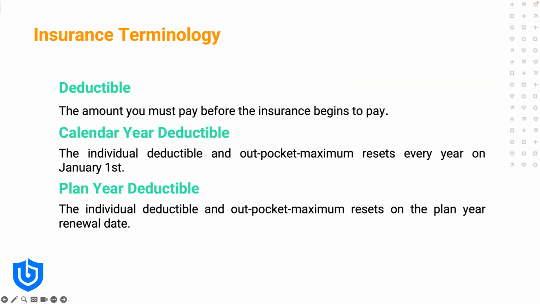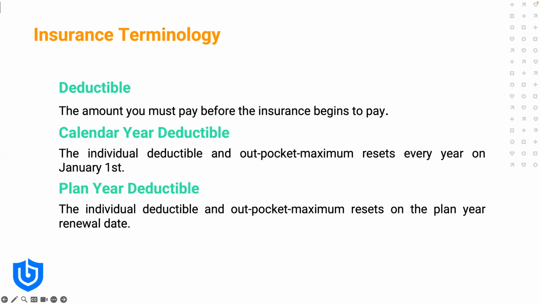And then the other thing is the difference between a calendar year and a plan year. Most of the groups under 100, I would even say under 150, are going to have calendar year deductibles or calendar year out-of-pocket maxes. Those will run from January 1st to December 31st. That means that if I have a $6,000 deductible and I meet my entire deductible or my out-of-pocket by June, after that the plan starts paying, let's say it's 80% co-insurance.